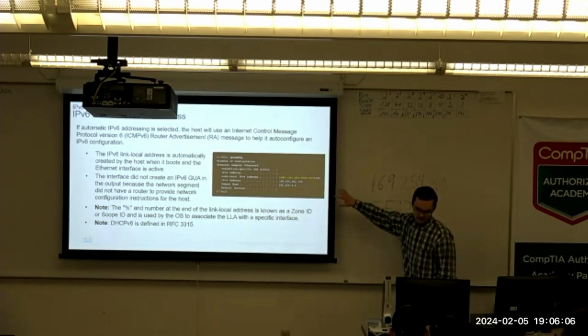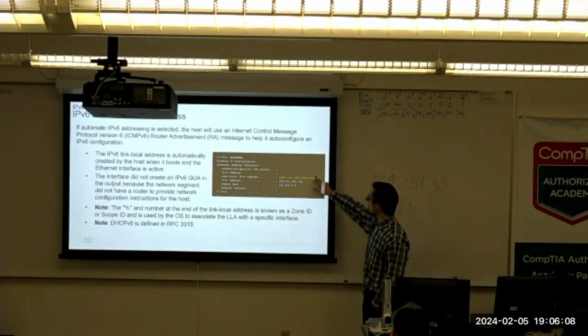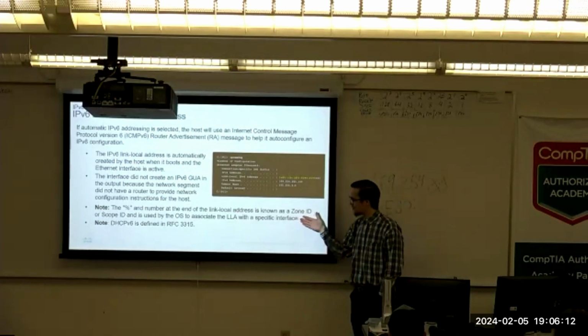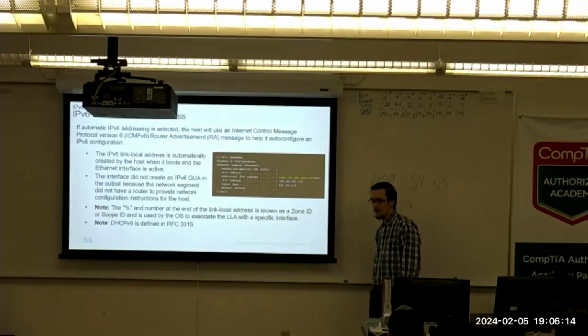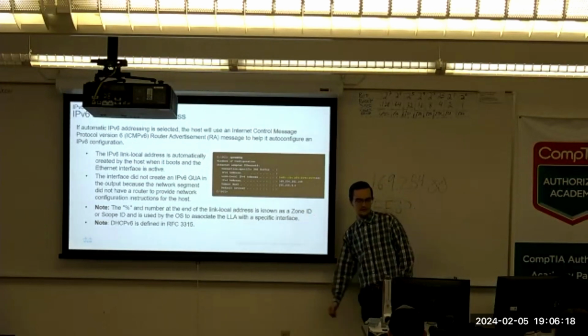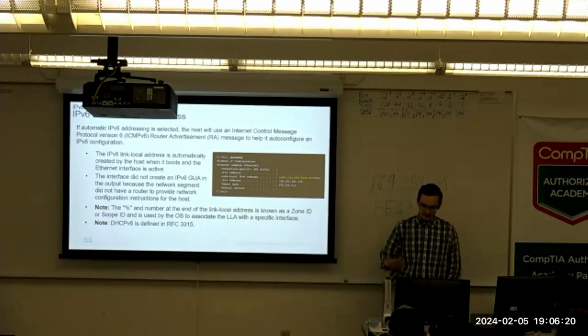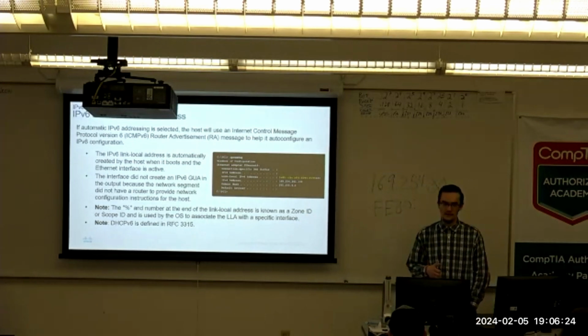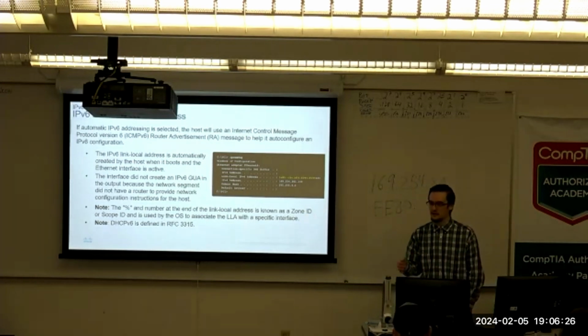So look at this output, the percentage here, this is what Windows does. Don't let that throw you for a loop. It's just what Windows does to keep track of the interface. Windows in its infinite glory has multiple ways to keep track of an Ethernet interface. Linux, eth0, eth1, eth2, eth3, eth4.